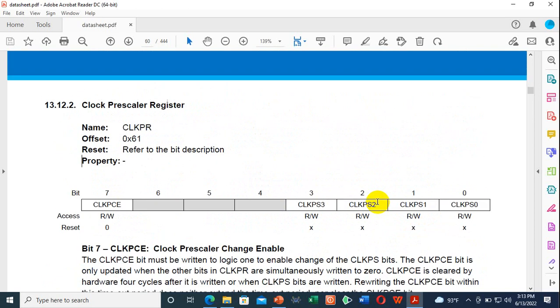This is the clock prescaler register. Bit number 7 is the clock prescaler change enable. Okay, this clock prescaler change enable bit must be written to logic 1 to enable the change of the clock prescaler select bits.